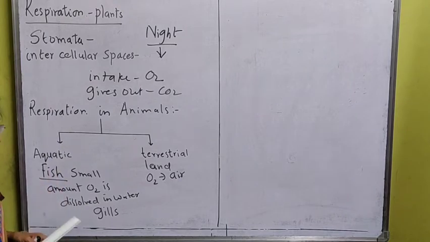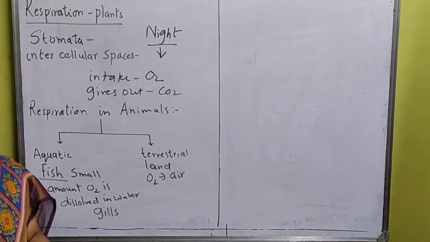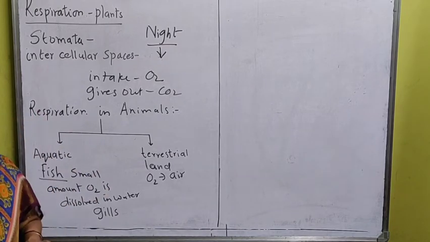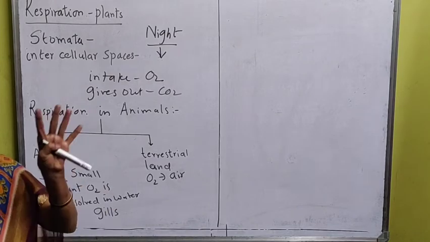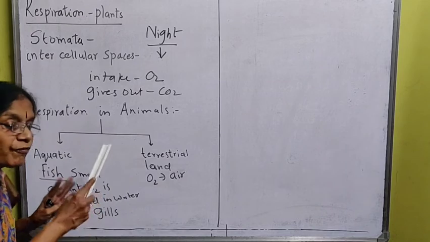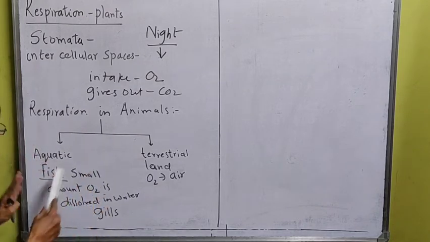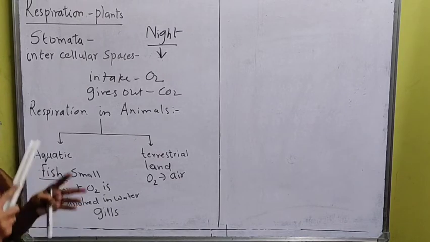For them, what is the source of the oxygen? Water is the source of the oxygen. But a very important thing is that in water, the percentage of dissolved oxygen is very, very less. Particularly in fish, the important organ is the gills, near the mouth.